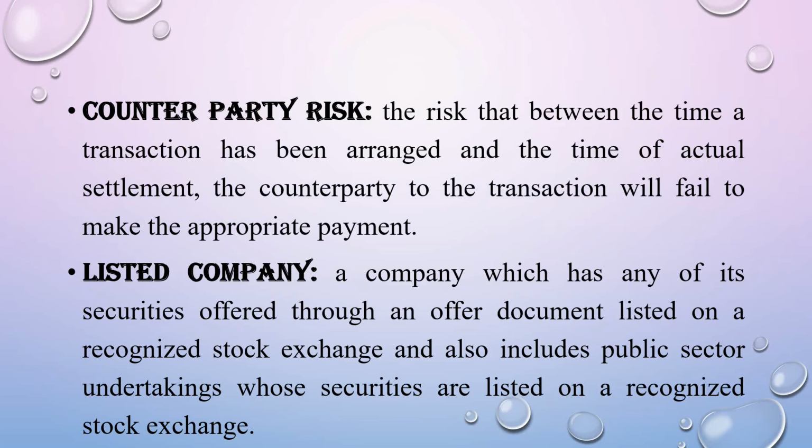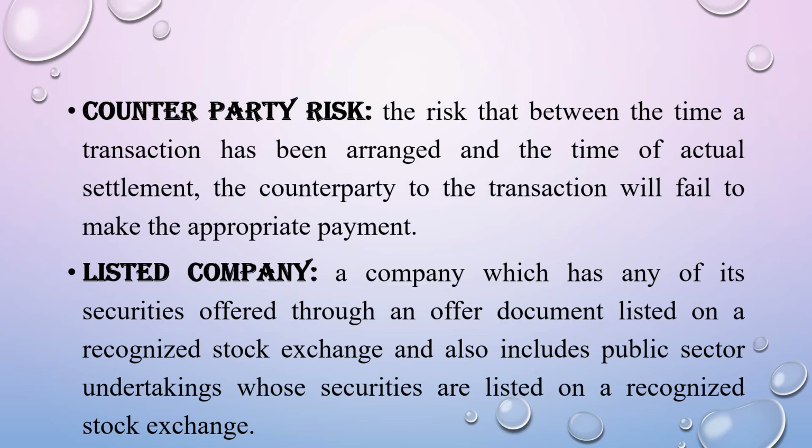A listed company is a company which has any of its securities offered through an offer document listed on a recognized stock exchange, and it also includes public sector undertakings whose securities are listed on a recognized stock exchange. Before selling their shares to the general public, they must first register their shares in a recognized stock exchange.